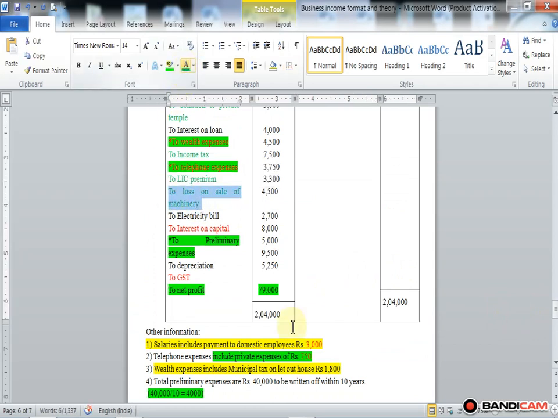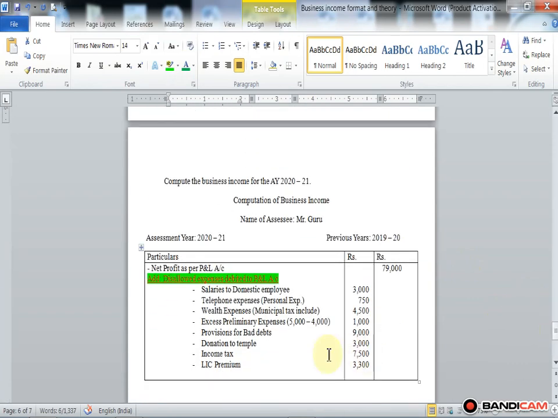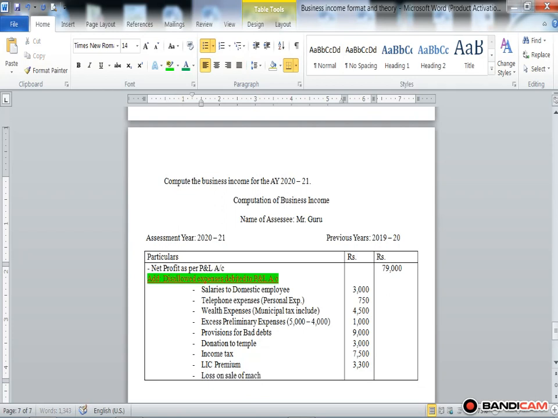So all capital losses are disallowed expenses. So here add loss on sale of machinery amounted to rupees 4,500.